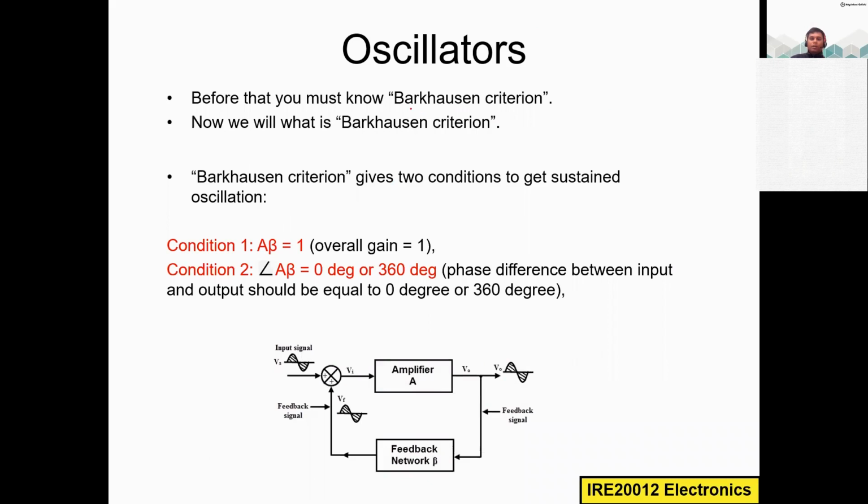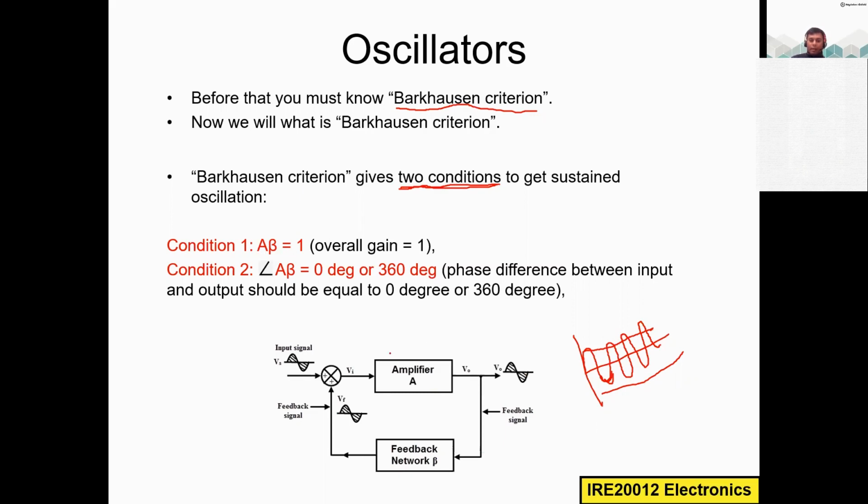So what is this Barkhausen criterion telling us? It's giving us two conditions to get sustained oscillation. If you really want to produce sustained oscillation at the output of the oscillator, the same amplitude value, it's not exactly the same, but I mean, this is the same amplitude value. So this is giving us two conditions. The first condition is A beta value equal to 1.